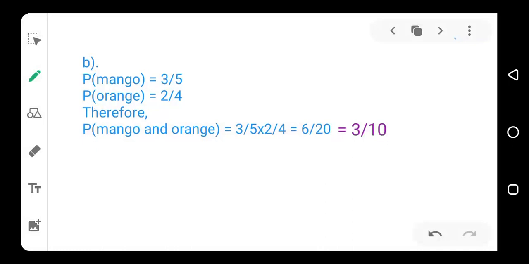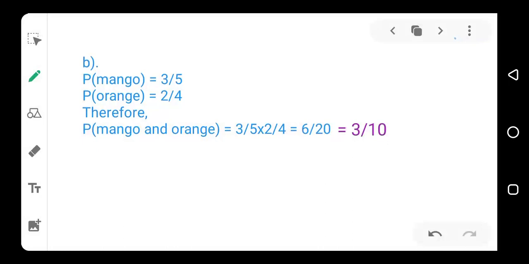So we have 2 over 4. It is now 4 because we have taken 1 mango out from the bag without replacing it. So the probability of picking an orange is 2 over 4.